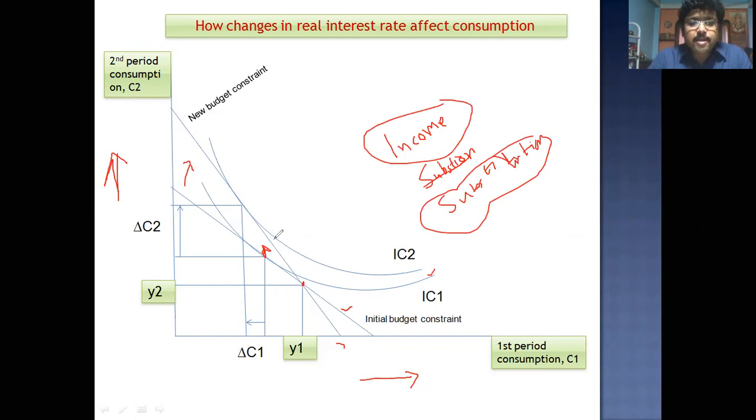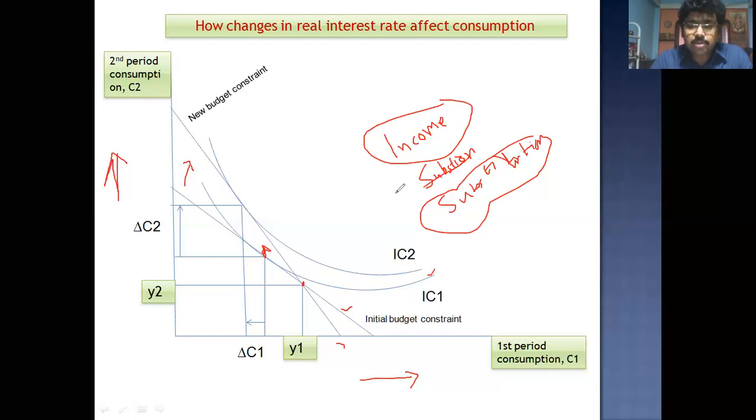Now look, depending on the income effect, consumers are savers, so their income will increase. As a result of the increase in income, they will consume more of both periods' goods, that is C1 and C2, because the goods are normal.